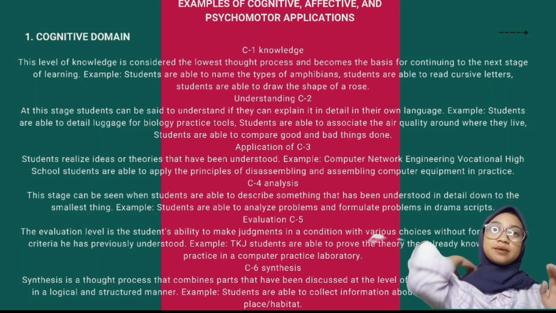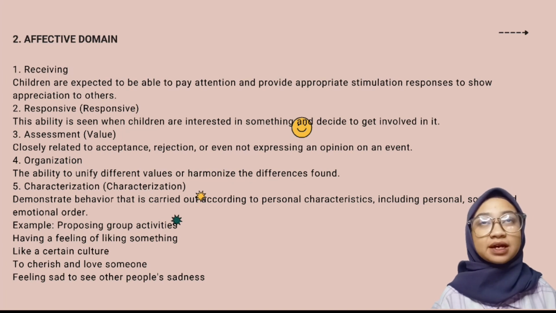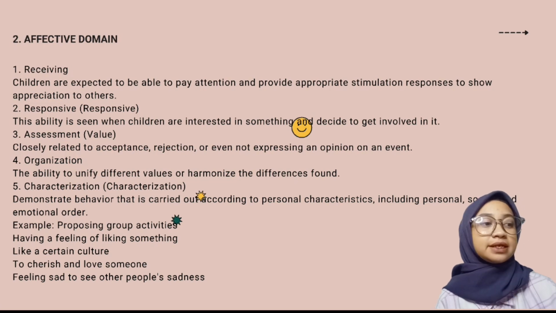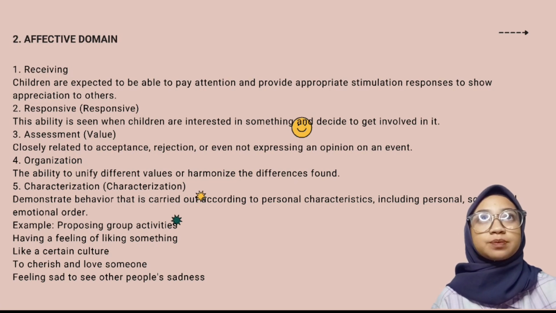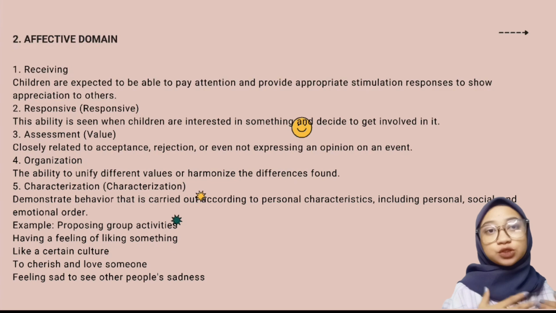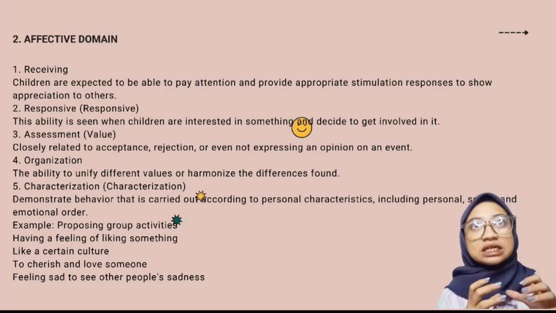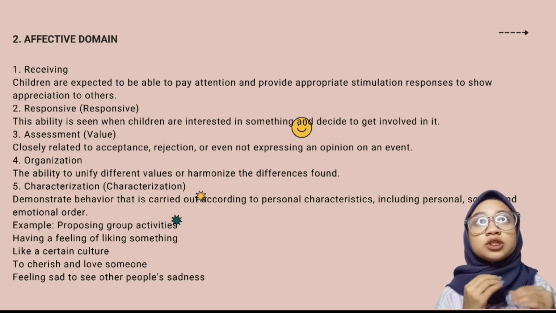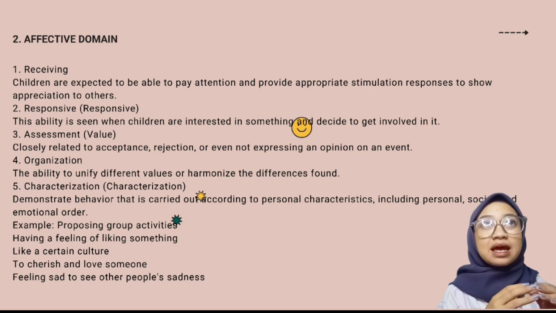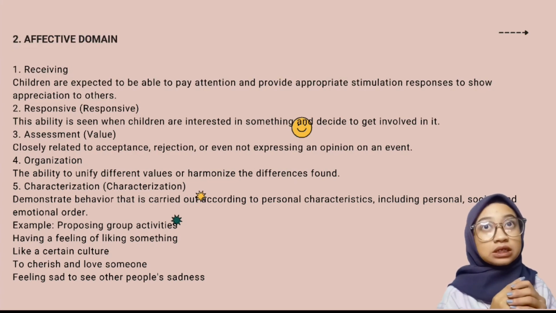And the second example that we have to discuss is examples from the affective domain. The first is receiving. Children are expected to be able to pay attention and provide an appropriate response to show appreciation to others. And second is responding. This ability is seen when children are interested in something and decide to get involved in it.